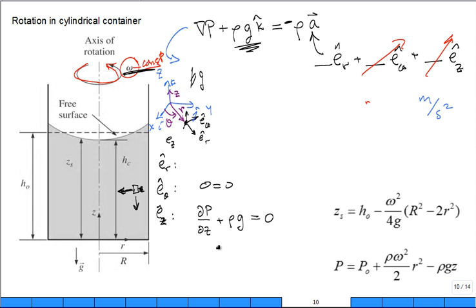I'm not on an elevator. So this component was 0 on the e z. True? All right. And the hardest one, you have to go back and do a little work, but you pick up that rho r omega squared equals the partial of p with respect to r.